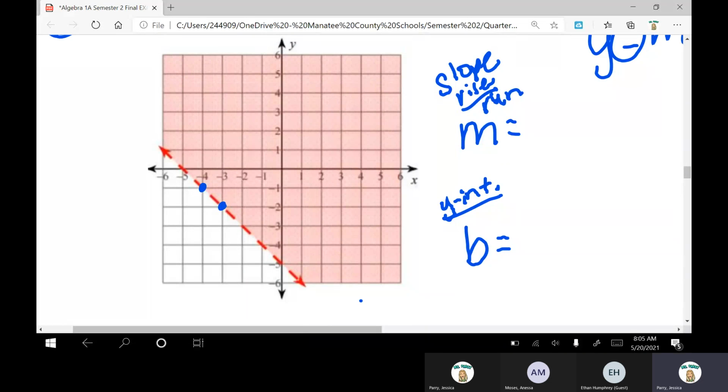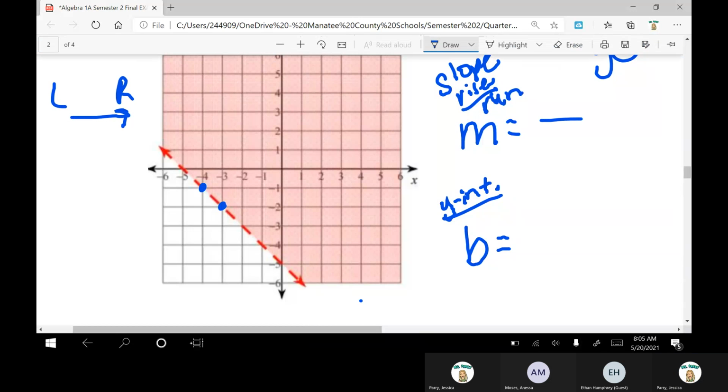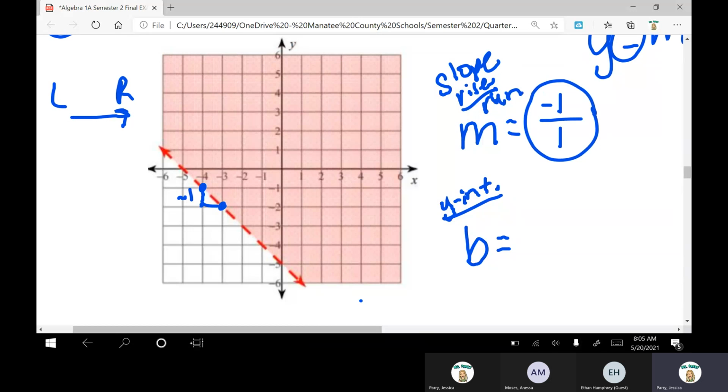And when you read your graph, you want to read it from left to right like you're reading a story. We can see this graph is going in the downward direction, so I know that my slope is negative. So for my rise over run, I've got my negative. And then first our rise, our vertical change, we're going down 1 and then to the right 1. So here's my slope, negative 1 over 1, because I went down 1 to the right 1, and it's a negative, so it's going in the downwards direction.